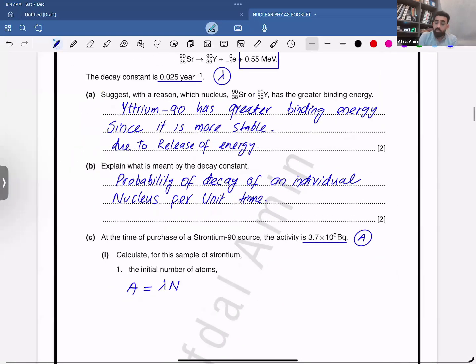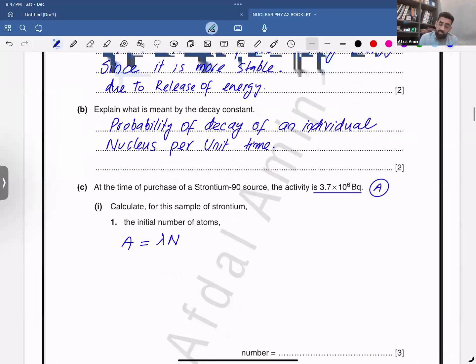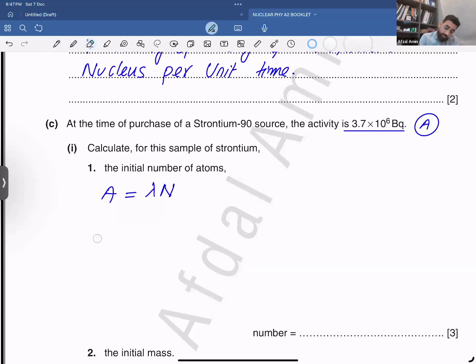Yeah. Becquerel assumes seconds, not per years. So this is the problem. The conversion is important. Becquerel involves per second, not per year. So that conversion will be a bit of a problem for you. Anyhow, lambda is, I mean, you want what? N. It is A over lambda.